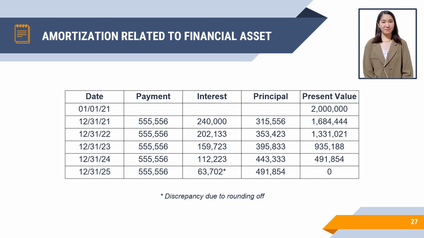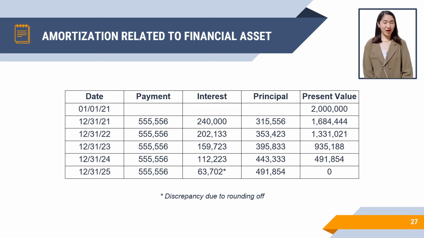So, in here naman, malalaman pa natin yung pinaka-breakdown nun annually. We'll start off, of course, on the very first day kung kailan nag-start yung lease agreement, which is January 1, 2021. So, syempre, buong 2 million pa siya, but at the end of the year, remember, it's an ordinary annuity, so the payment would be made every end of the period.